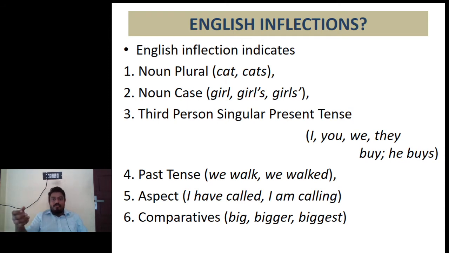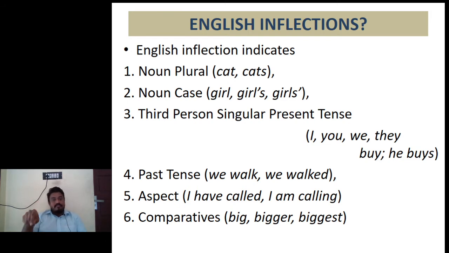Okay, so I, you, we, they buy, he buys. Okay, I buy, you buy, we buy, they buy, but he buys. So look at the difference. Okay, s is added and it shows the nature or the number or the person of the subject. ഏത് സബ്ജക്റ്റ് ആണ് എന്നുള്ളത്. ഫസ്റ്റ് പേഴ്സൺ സിംഗുലറിൽ നിന്ന് സിംഗുലറിലേക്ക് വരുമ്പോഴേക്കും ഉണ്ടാകുന്ന മാറ്റം എന്ന് പറയുന്നത് it is evident in the verb and the s sound that is coming there.